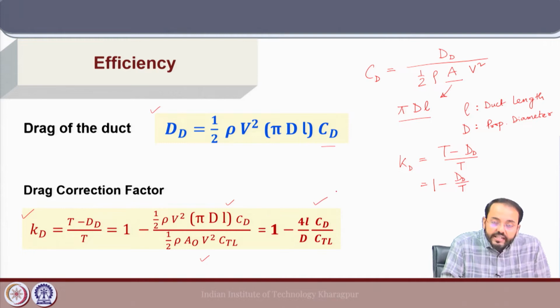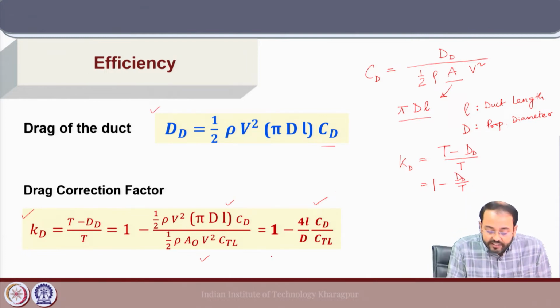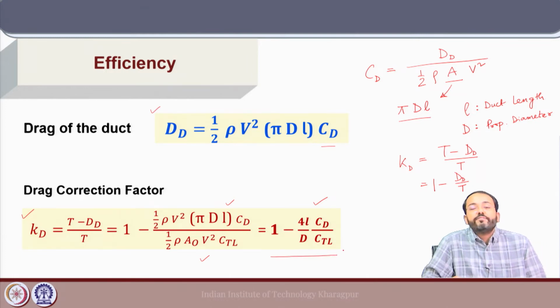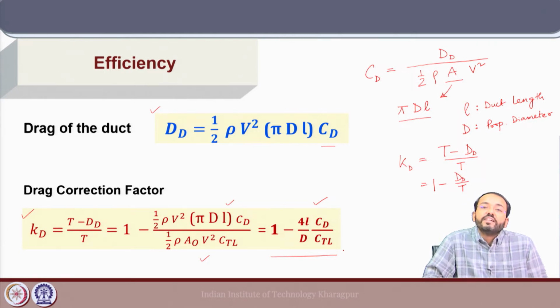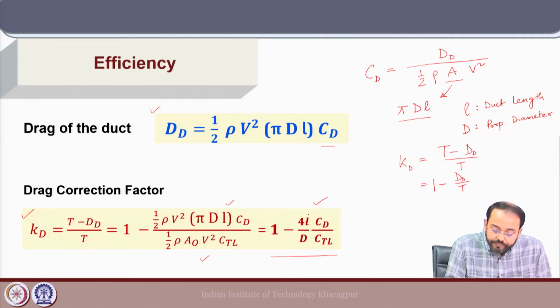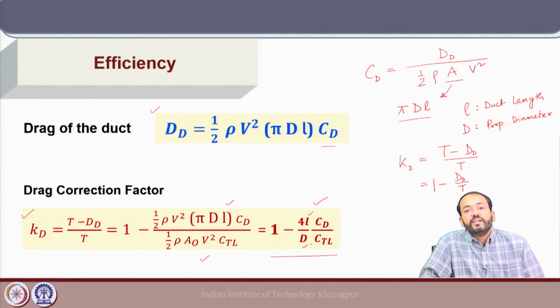If we write these expressions, finally the value of drag correction factor can be given in this form as a function of the drag coefficient and the thrust loading coefficient, where small l here is the length of the duct and d is the diameter of the ducted propeller.